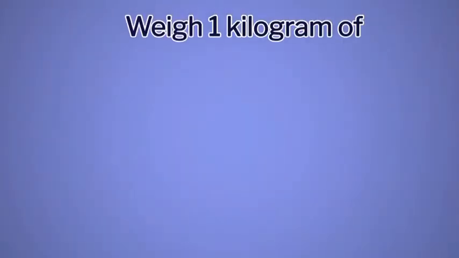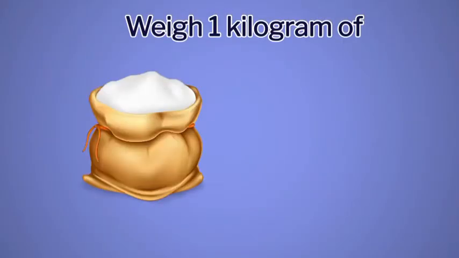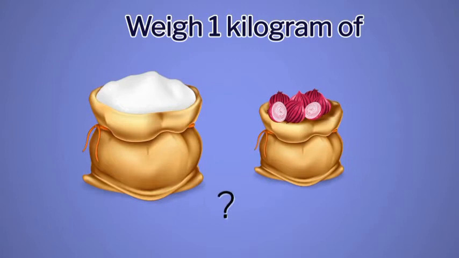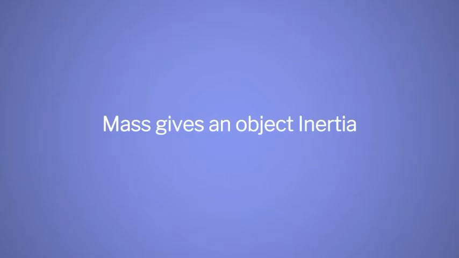This answers my question. Here, we have 1 kilogram of cotton and 1 kilogram of onions. Can you tell whether the mass of both of them is equal or not? We can see that the mass of 1 kilogram of cotton and 1 kilogram of onion is obviously the same, even though their volumes are very different.